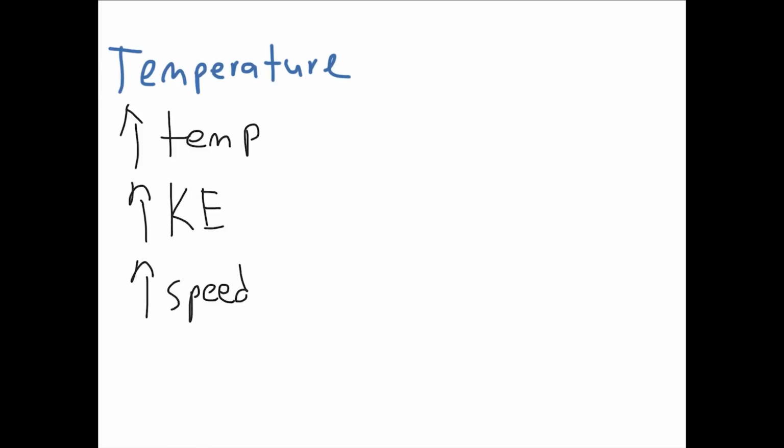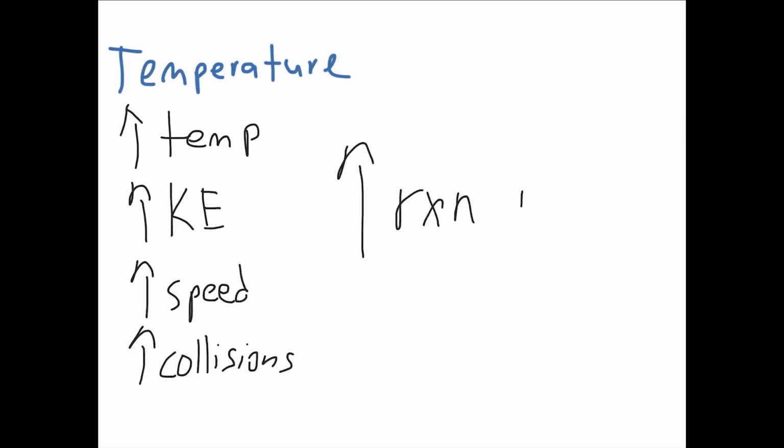There's probably going to be some collisions happening between them. And if these toddlers speed up, then chances are there's going to be more collisions between them. So with more speed comes more collisions between the particles, therefore causing an overall increased reaction rate.